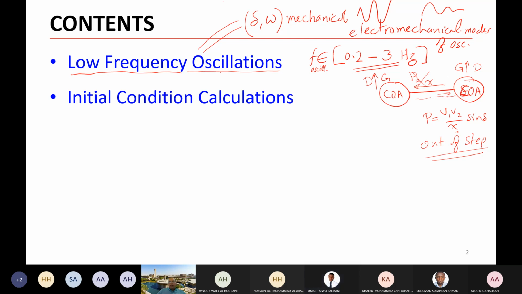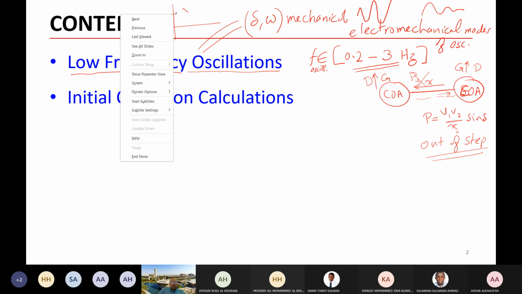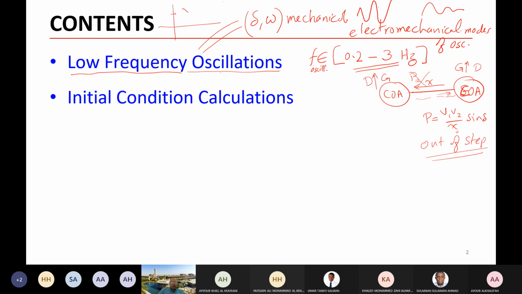Okay, actually, with low frequency oscillation, when you have this power, for example, between these two buses, you will see the power oscillating as such. The power is increasing, decreasing, increasing, decreasing, and so on.